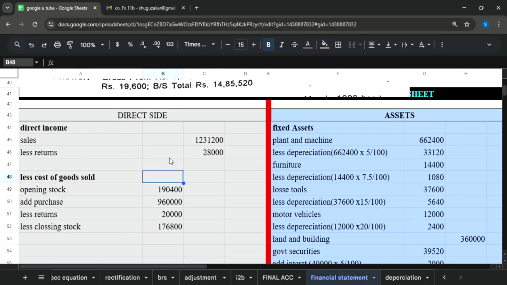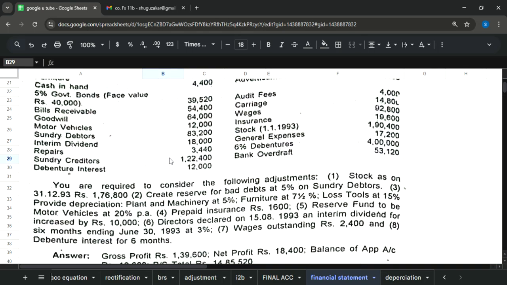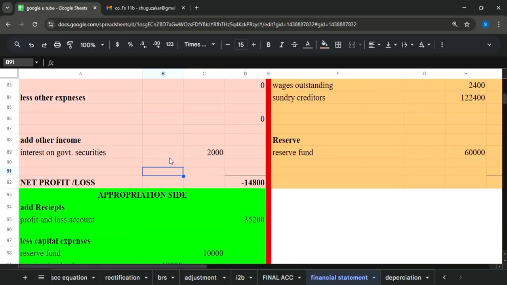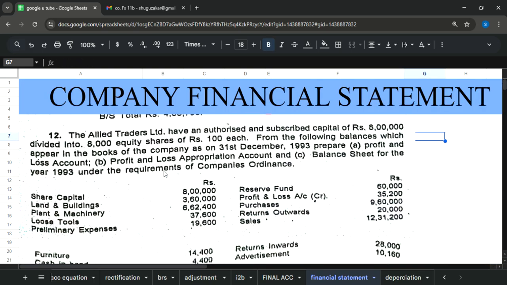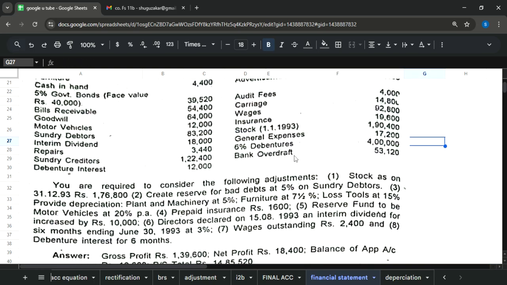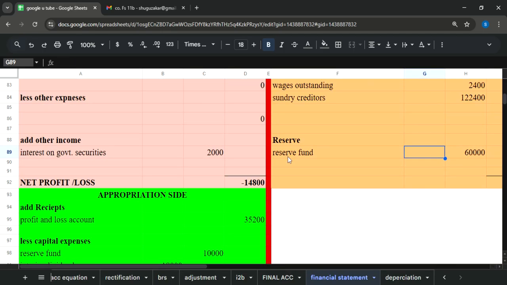So let's go to the fixed liability side and over here we will write outstanding debenture interest. Outstanding debenture interest was 12,000, so you will be recording it in the liability side. After that, the last item is overdraft, current liability.